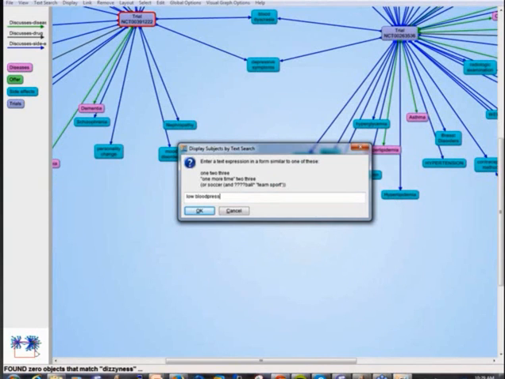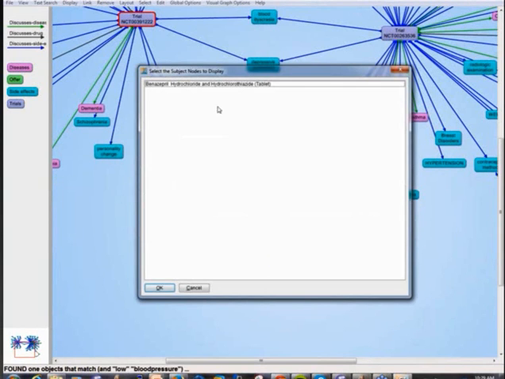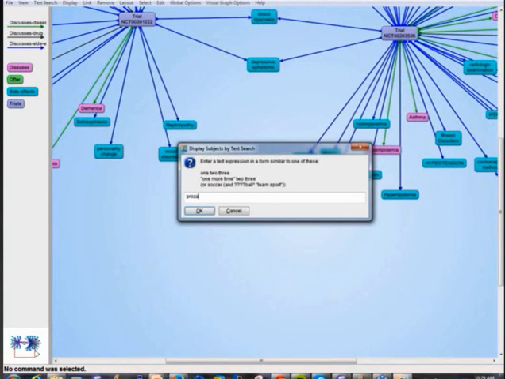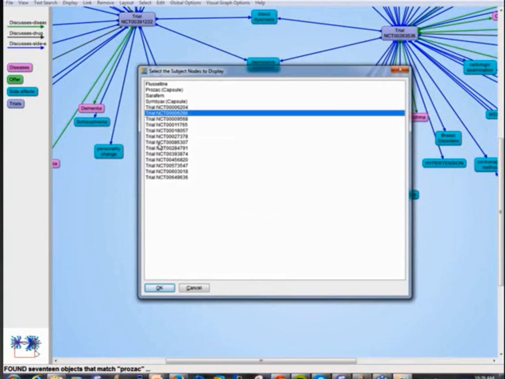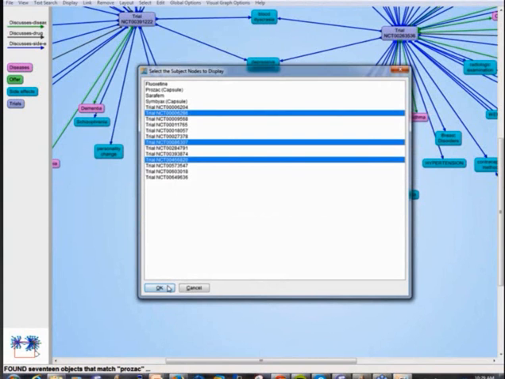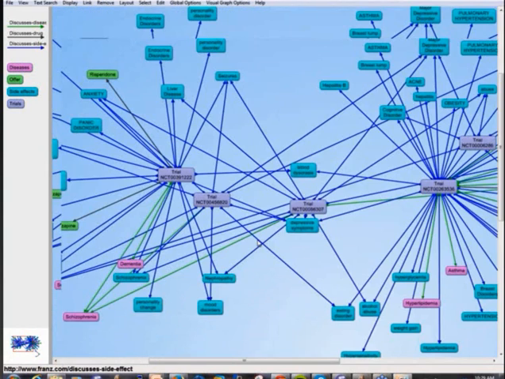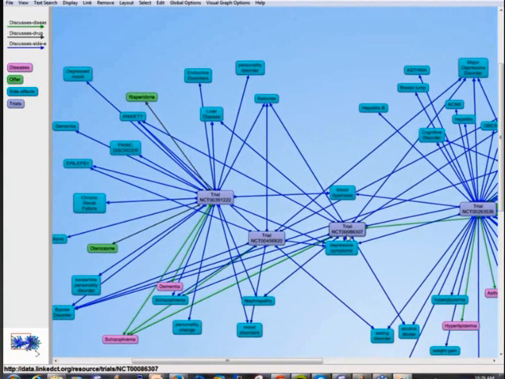Low blood pressure. Anyway, let me just take a drug like Prozac. Yeah, take some clinical trials about Prozac, and we just see these things get instantly folded into here.